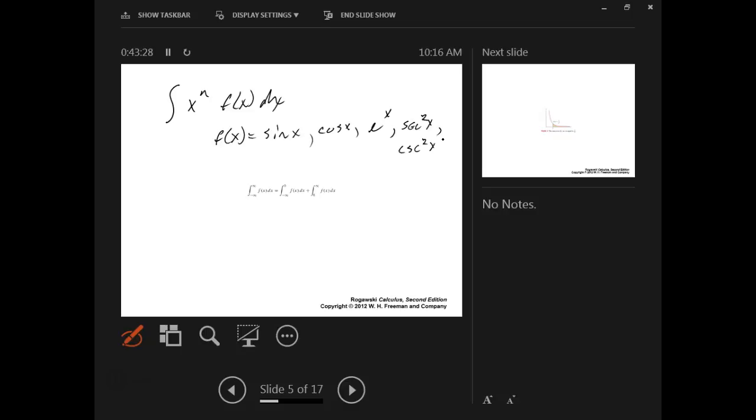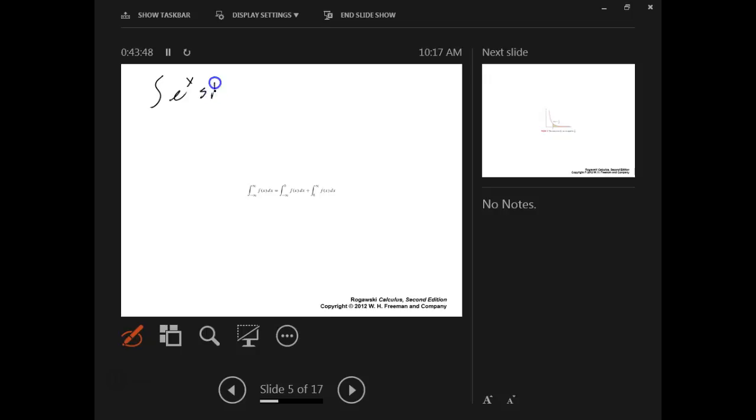Now, here's kind of an example of that. What if you had the integral of e to the x sine x dx? Now, on this one, both of those would be good for your dv's.